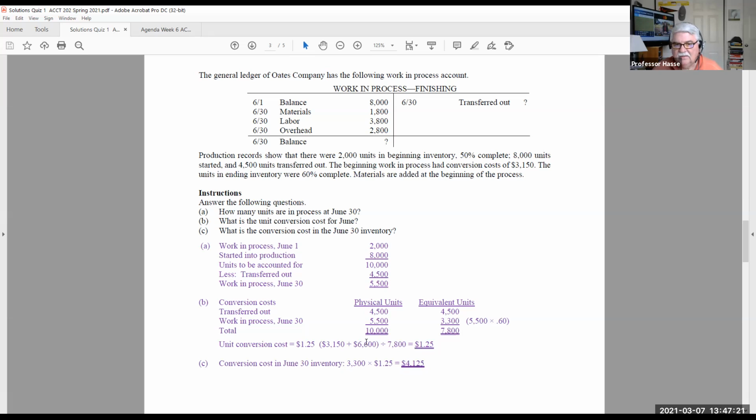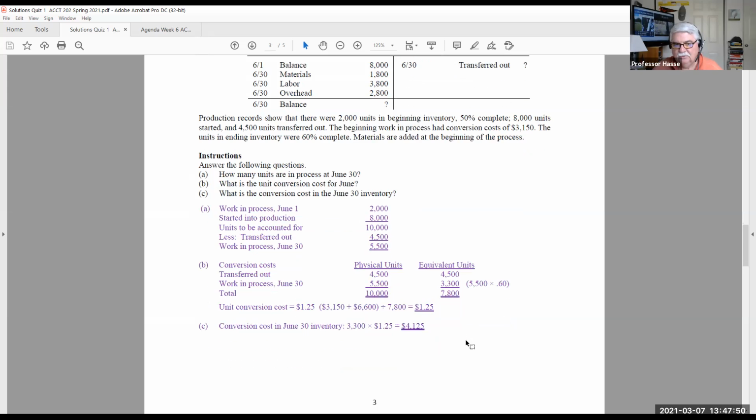We take our ending inventory value of work in process of 3,300 units times the $1.25, and we get $4,125 as our conversion cost based on that equivalent unit per unit number. Okay, so that's important to know for examination number one, how to determine the difference between total units and what is equivalent. It's based on how many are complete at the time of the ending inventory.